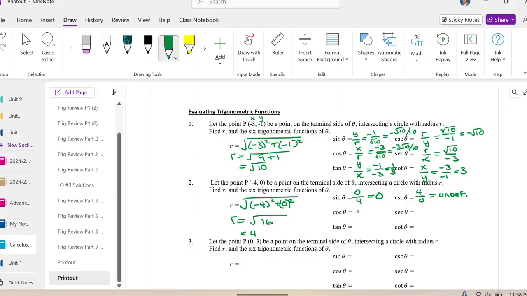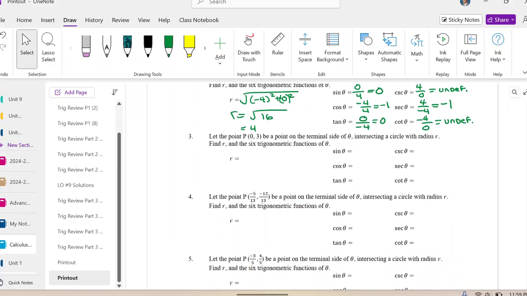The cosine would be -4 over 4, which is -1. The secant would be 4 over -4, which is still -1. The tangent would be 0 over -4, which is 0. And the cotangent would be -4 over 0, which is undefined.